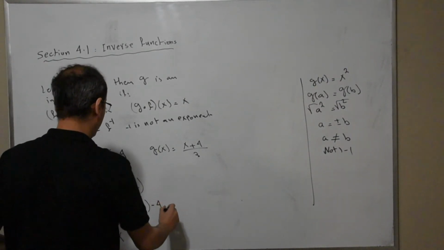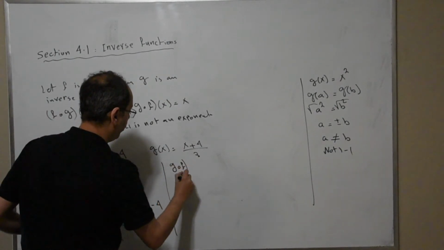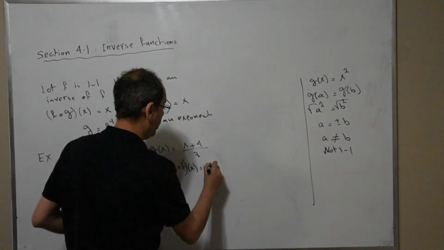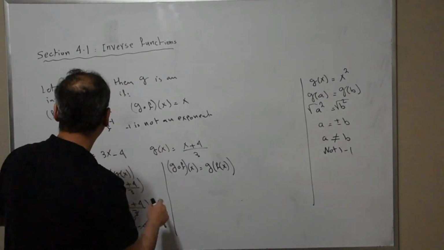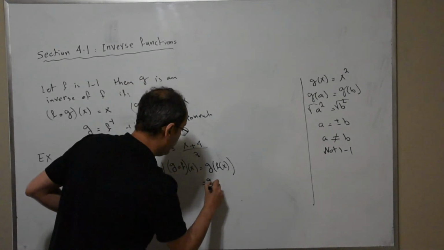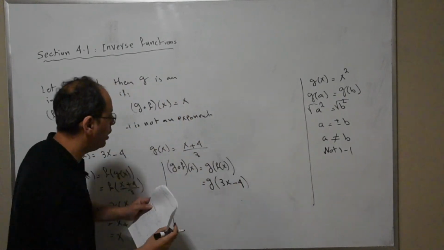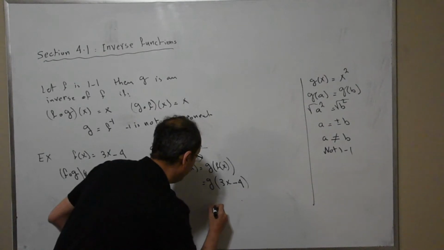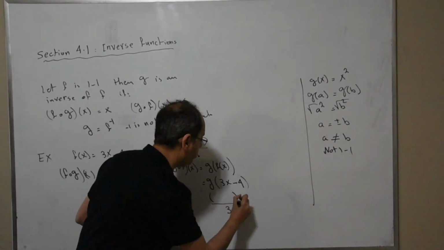I'm going to test the second one, g of f of x. But what is f of x? f of x is 3x minus 4. So I have g of 3x minus 4. And now I put the pattern of g. The pattern of g is 3, here is x, and here is plus 4.